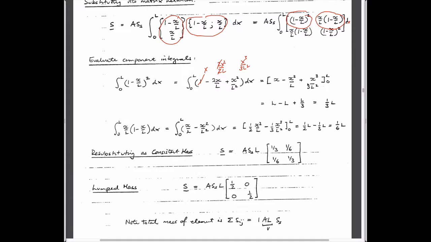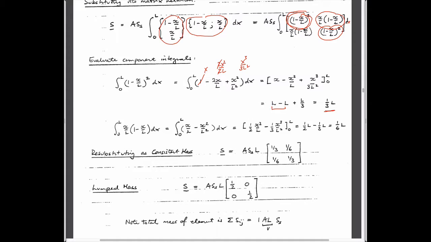For the 0, it ends up being L squared over L, which is 0. These cancel out. And L cubed over 3L squared, which is just L over 3. And so the value of that is a third L. So those are the terms that go on the leading diagonal, here and here.